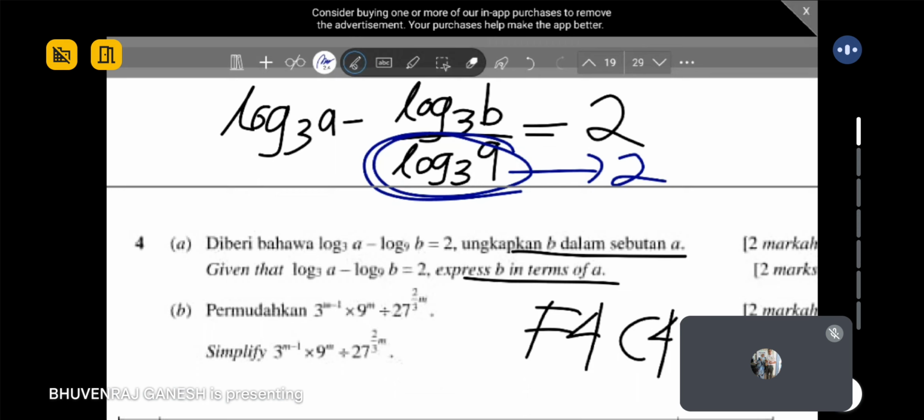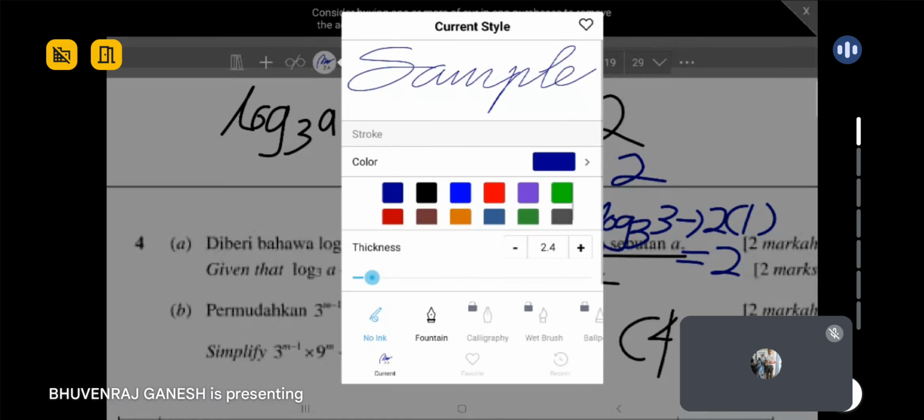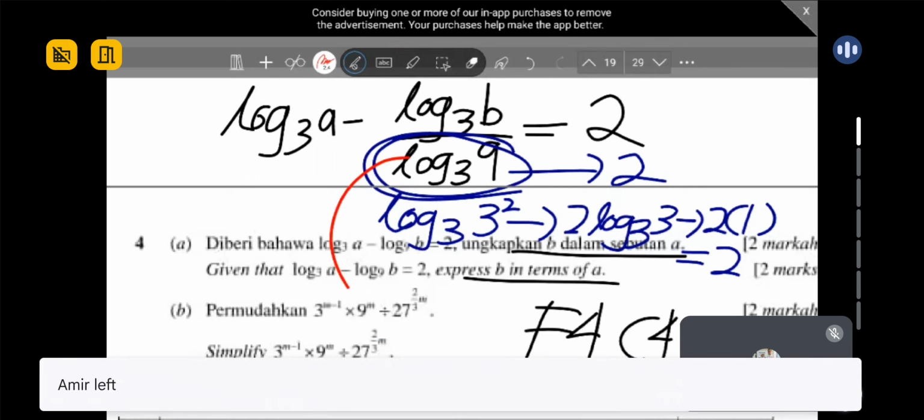Okay, so that means if you're very pro already, kalau kamu dah mahir log, you no need to write the working step one by one. You no need to write like this, and then you write this. Biasanya orang akan buat macam ni kan, satu persatu. Kalau tak mahir lagi. This is the complete step. Langkah penuh. But if you guys very pro, from this one, you can direct write this answer.